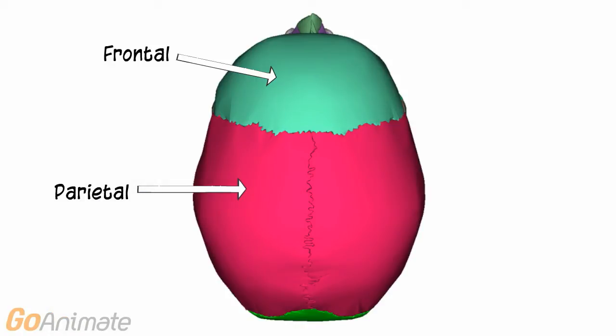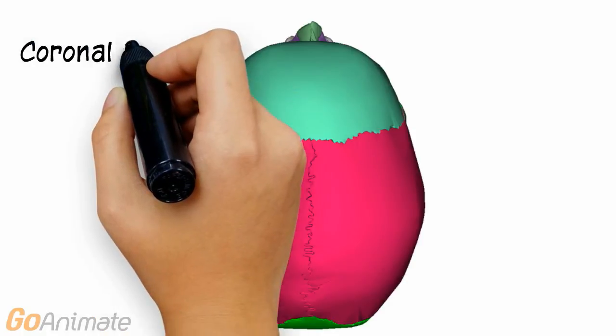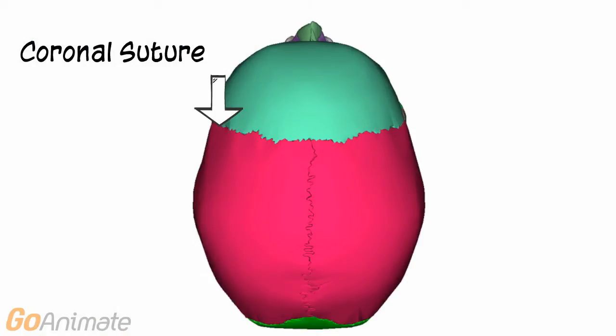The skull bones are connected by sutures, a type of fibrous joint. Here we see the coronal suture and the sagittal suture.